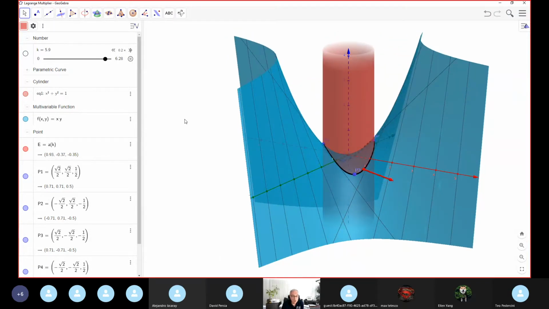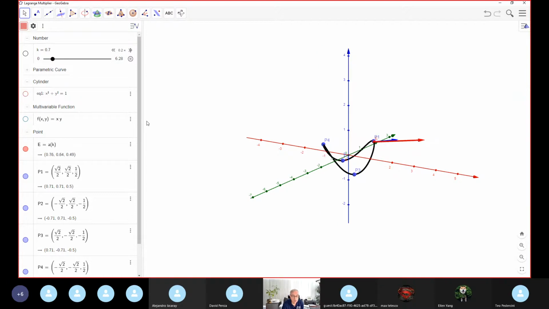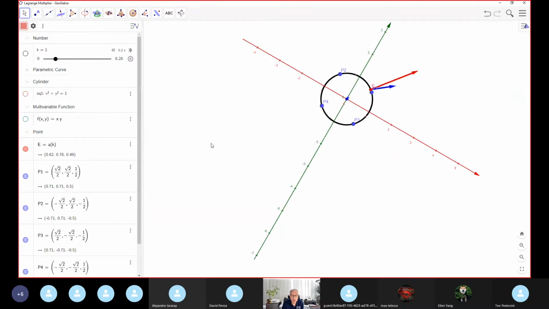So now, using Lagrange multipliers, you compute the gradient of the surface. You compute the gradient of the constraint. According to the Lagrange theorem, at the maximum and minimum they are parallel, maybe in the opposite direction or in the same direction.